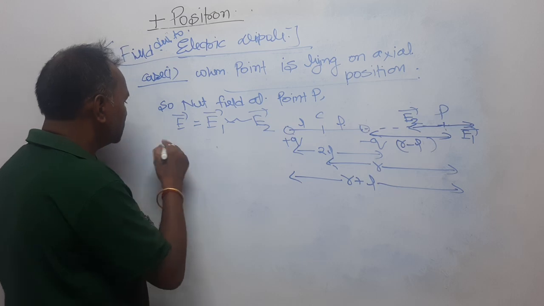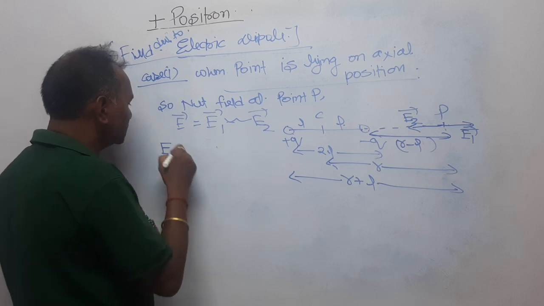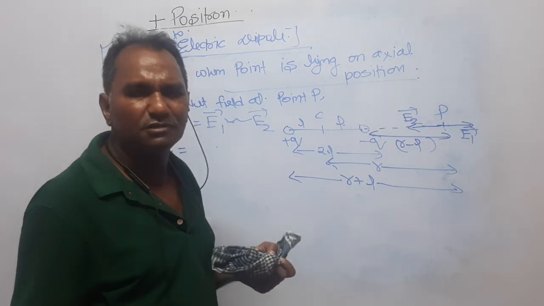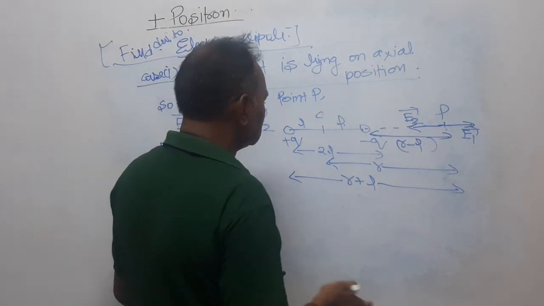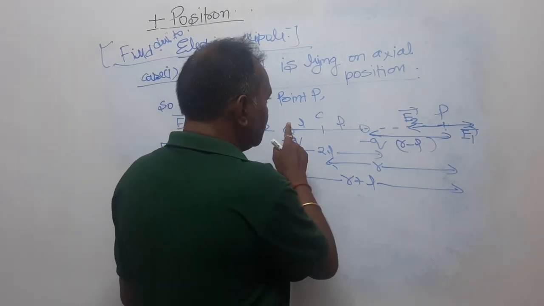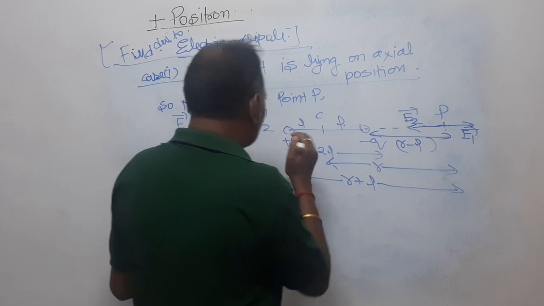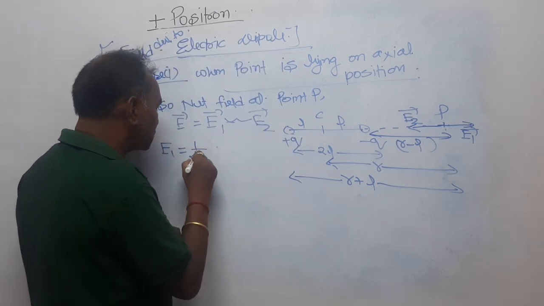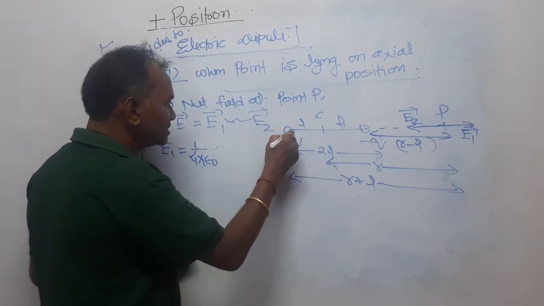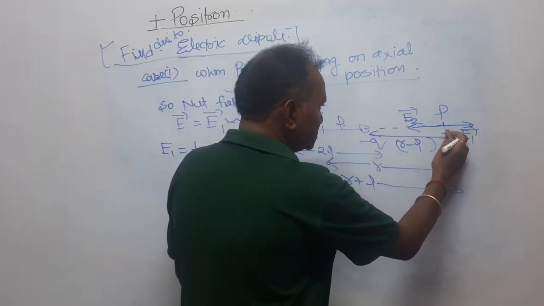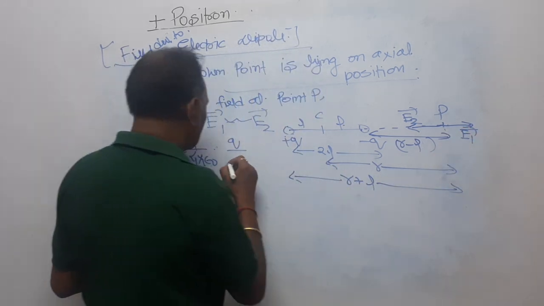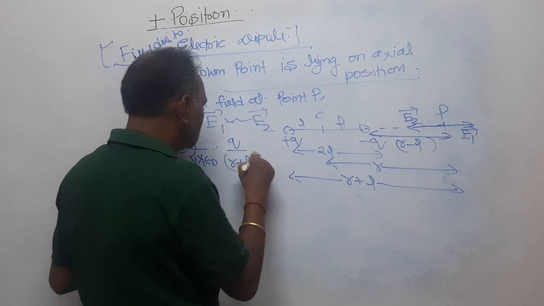Now, dear students, what is E1? I am considering only the magnitude, because first we have to find the magnitude. E1 is the field due to that charge, that is 1 upon 4 pi epsilon, applying Coulomb's law, charge q upon the distance of the point from the charge, that is (r plus L) whole square.